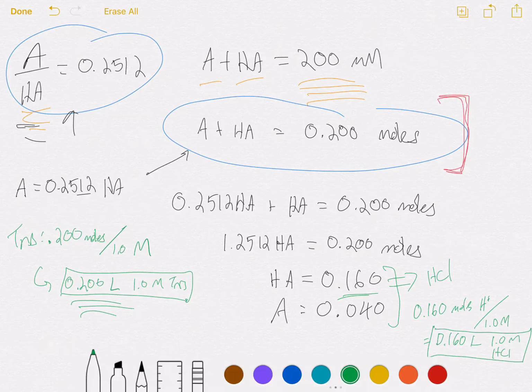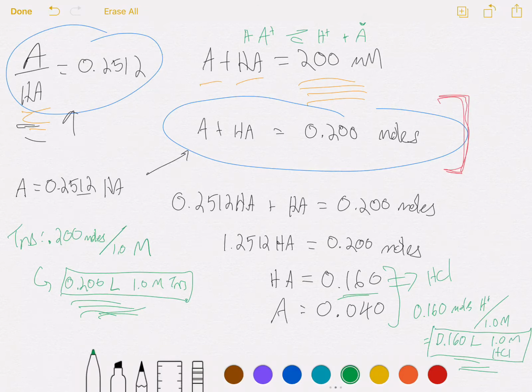So we've added that volume of tris, this volume of hydrochloric acid, and what that's going to do, if we just go back to what our equation is, HA going to H plus and A, we put in 100% of our A species, and then we protonated a certain fraction with hydrochloric acid.